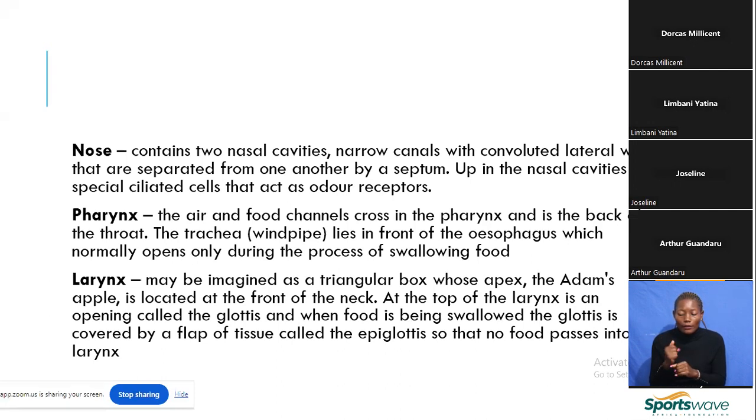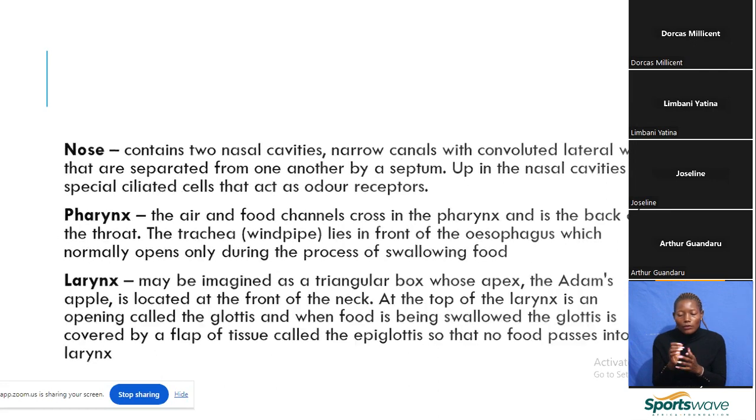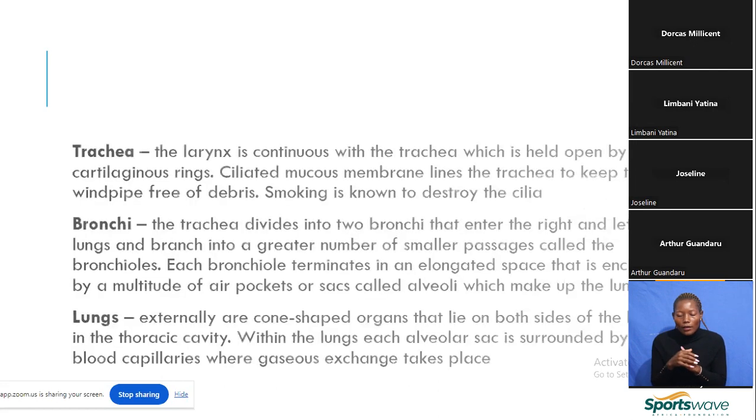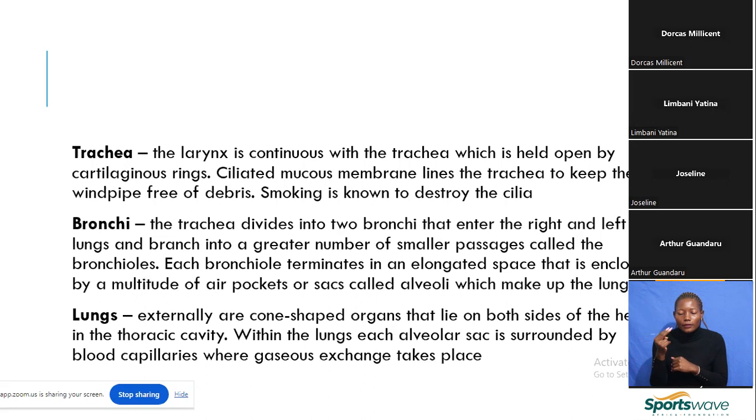The larynx is more of a voice box, but there is the aspect of the glottis, which translates into the epiglottis, and that is what separates the food from the air. The trachea and bronchi are just organs that lead us to the lungs for the external respiration to take place.